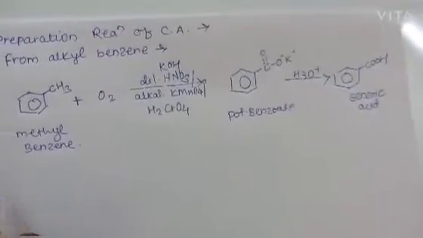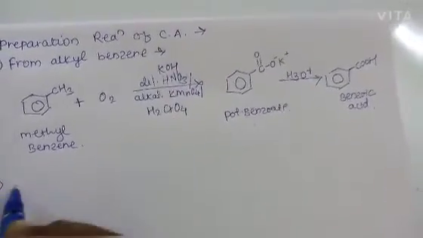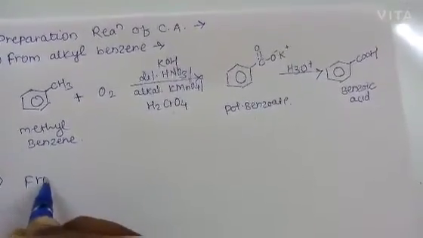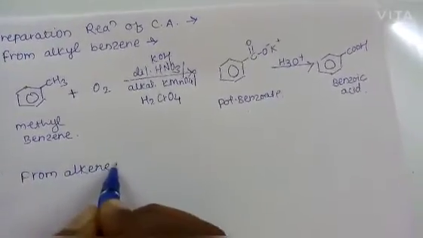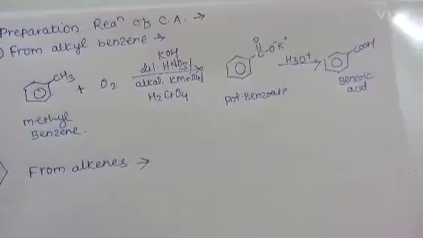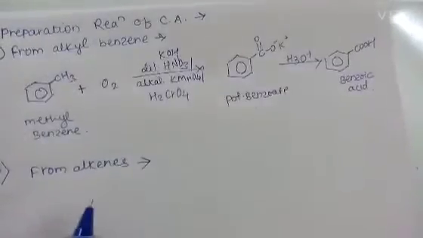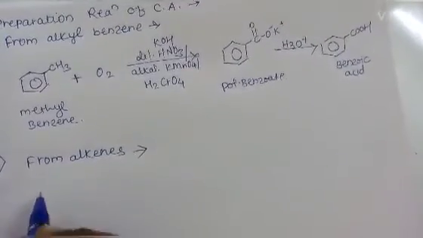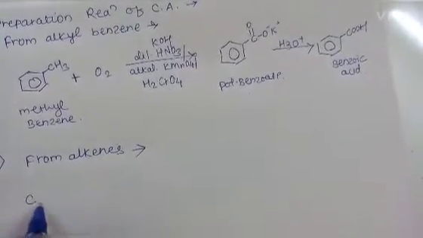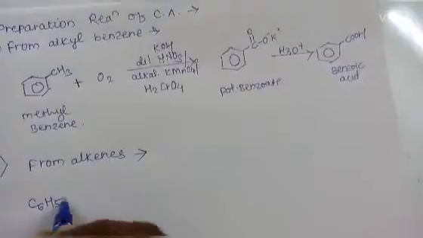Okay, now let's see the next reaction, that is the fifth one, from alkenes. The carboxylic acid can be prepared by the oxidation of alkenes. Now here also we have to take the oxidation reaction.